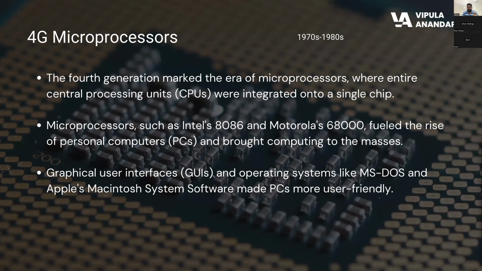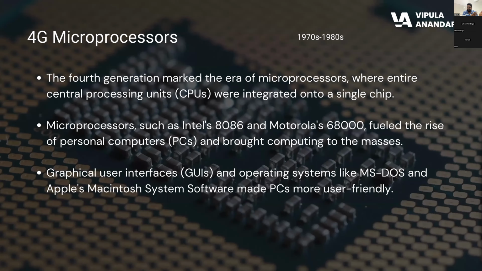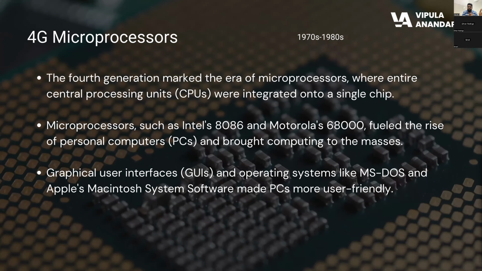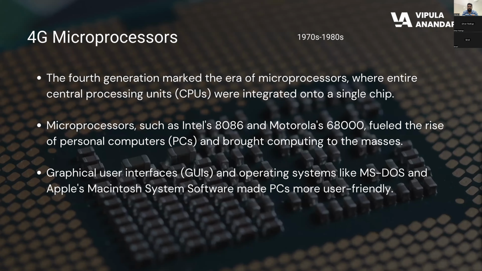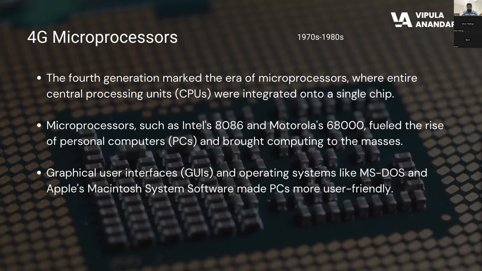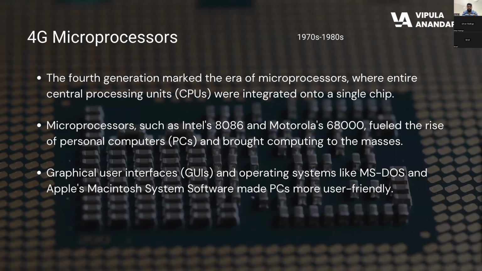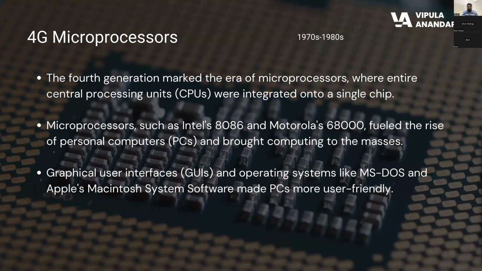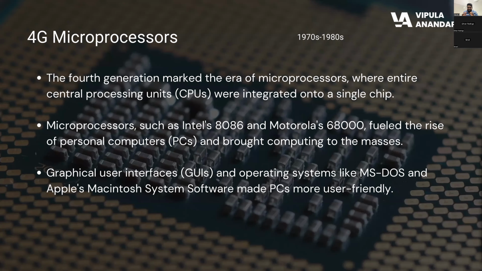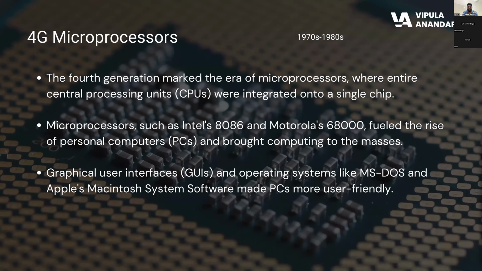Earlier, in the second and third generations of computers, computers were mainly used by governments for military things, trying to send rockets to the moon, and so on. People did not have the luxury of having their own personal computer.